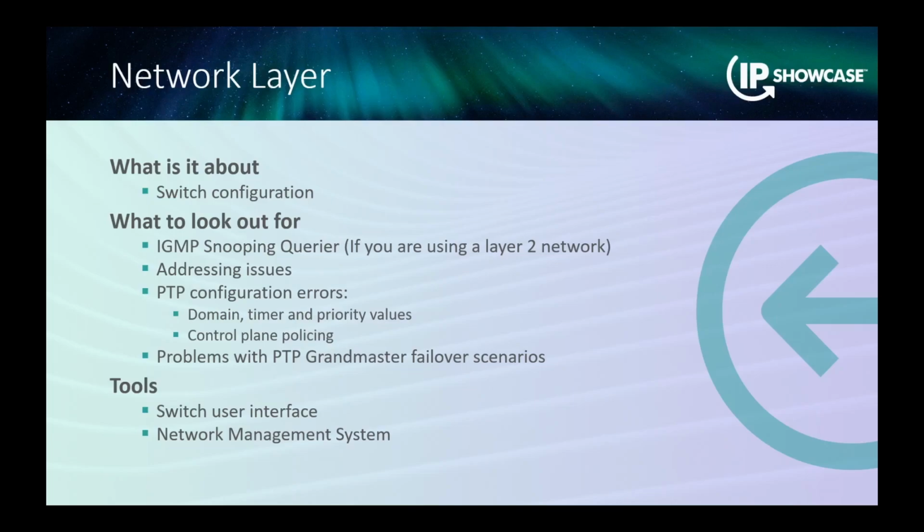And also there's a difference if you just change the priorities of the grandmaster, so that there's a graceful failover, just another grandmaster announcing itself as a new best master, as opposed to just switching off a grandmaster, because then the grandmaster is gone, it has to be detected, and then the network switches over to another grandmaster, and that can behave quite differently. So really make a switch off, or plug the cable, or put down the switchboard, or whatever test that really also tests the detection of a failover, of a grandmaster failure.